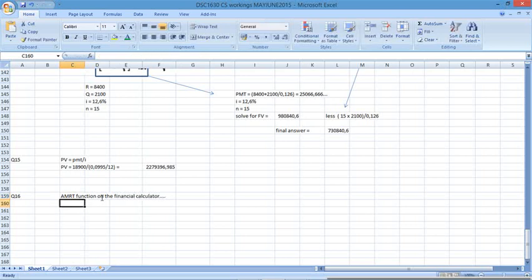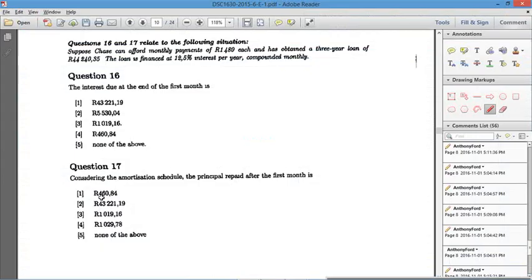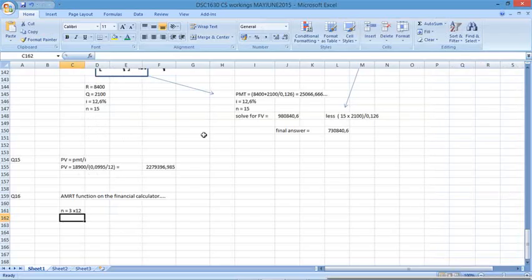That's the key. Just identify the variables, substitute and solve. Alright, so n equals 3 times 12. You can see that in the question. They spoke about different months. They're looking at 3 years in terms of the loan, and the payments are monthly.